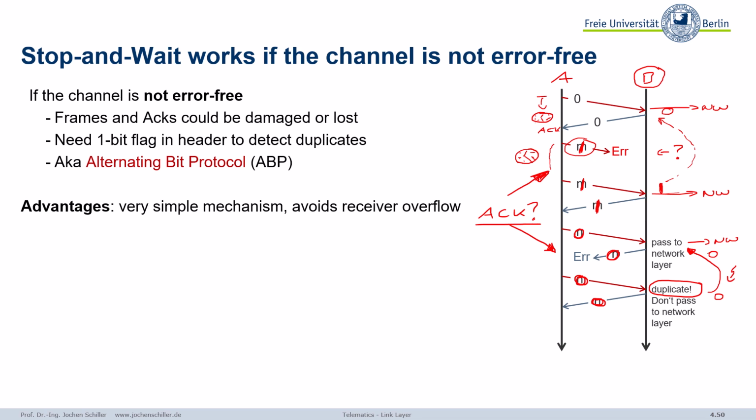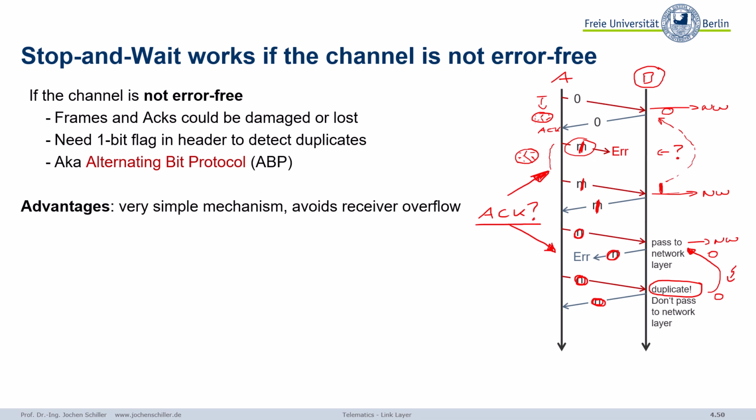A will always react with, okay, I have to resend the data. And thus we need a way, and this is the single bit, to distinguish duplicates from new packets.